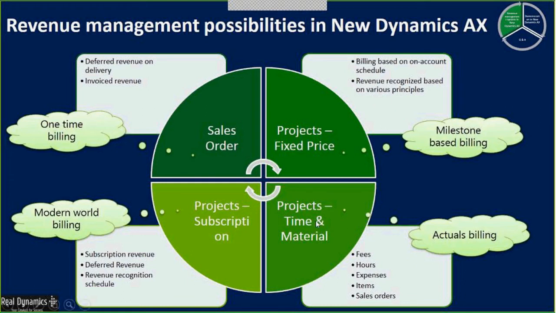The other common project type used is the time and material project, which is primarily intended to do all of your actuals billing. Actuals in terms of the hours that have been reported onto the project, or the expenses, or even the items, and to an extent even the sales orders.